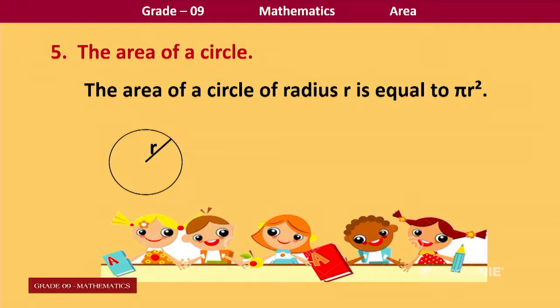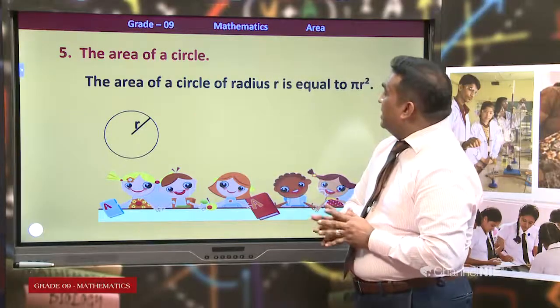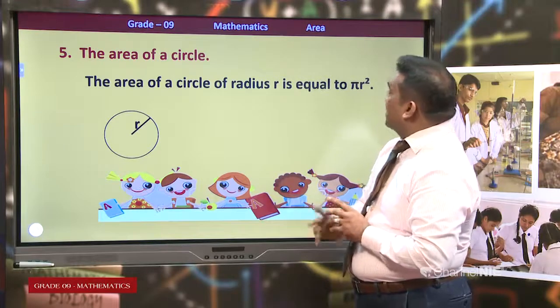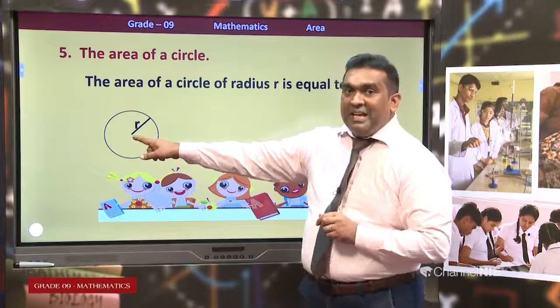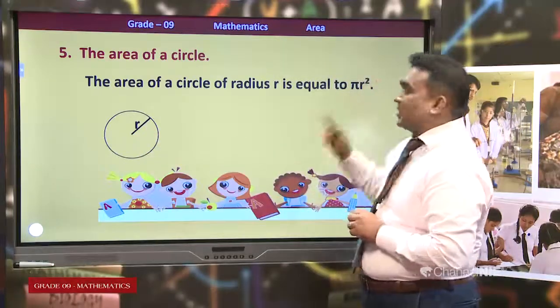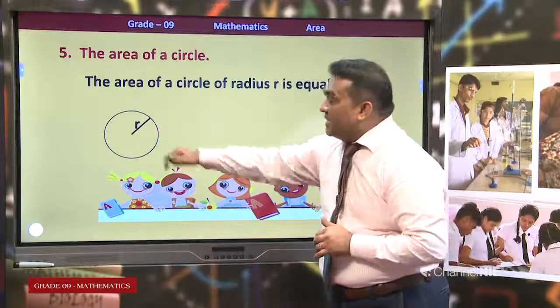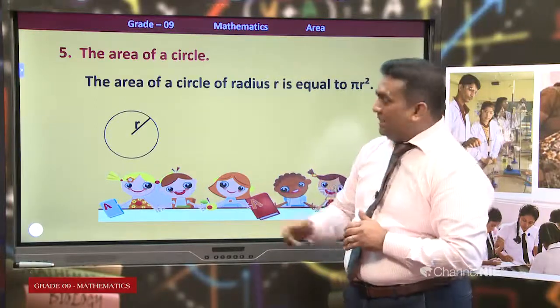Here pi means a constant value 22/7. Therefore, the area of a circle of radius r is equal to pi r squared. If you consider radius as a, then pi a squared. If you consider radius as b, pi b squared, right?